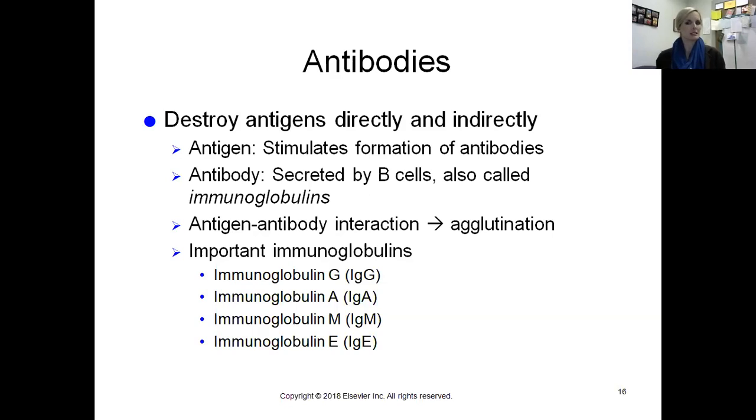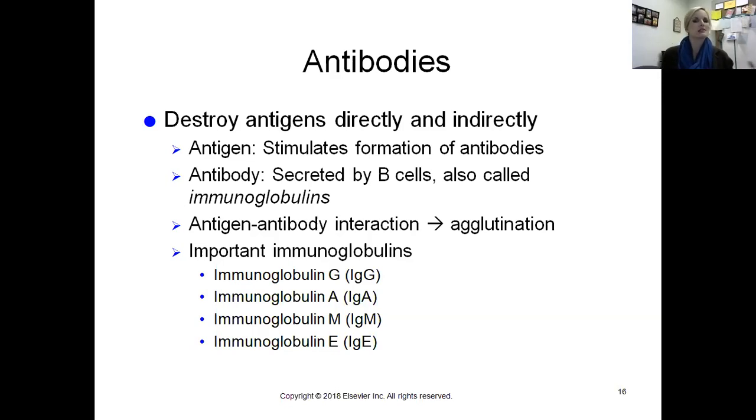Sometimes they indirectly attack, meaning that they will attach themselves to an antigen and may not destroy it right away, but it's enough to send a flag or a signal to a nearby phagocyte. And again, those macrophages that are large phagocytic cells see that antibody attachment and say, hey, that's foreign, I need to attack that, and the phagocytic cell will come and destroy it. So that's what I mean by indirectly.